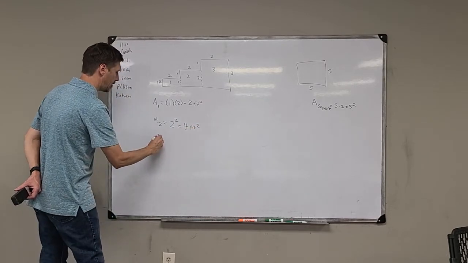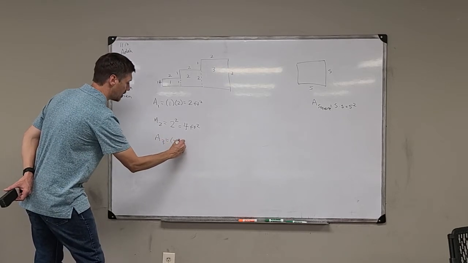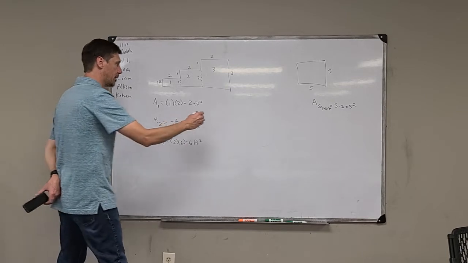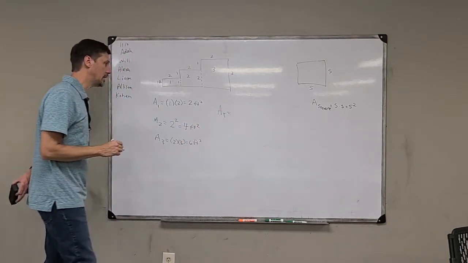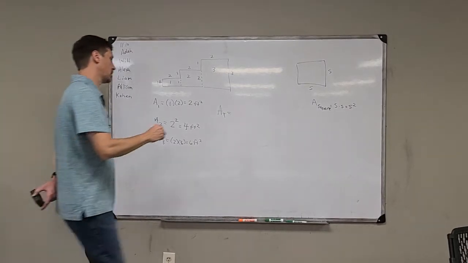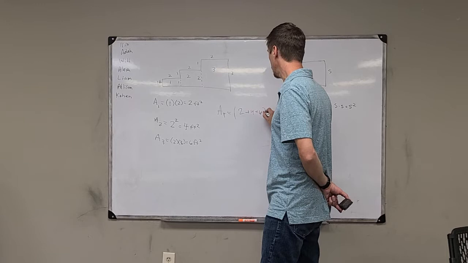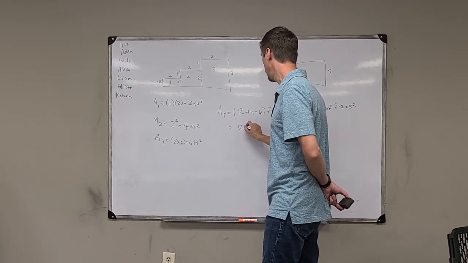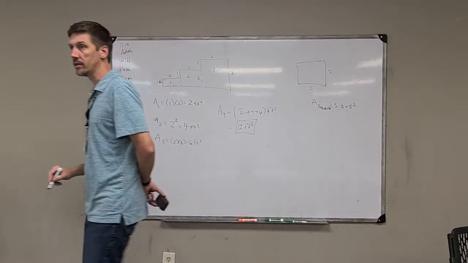And the area of rectangle 3 is 2 times 3, which gives us 6 feet squared. So for the total area, A subscript T, is going to be 2 plus 4 plus 6 feet squared. And so that's going to be 12 feet squared, our total area underneath the stairs.